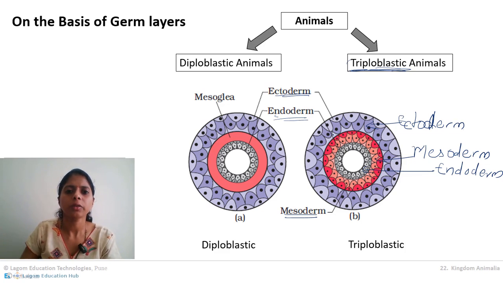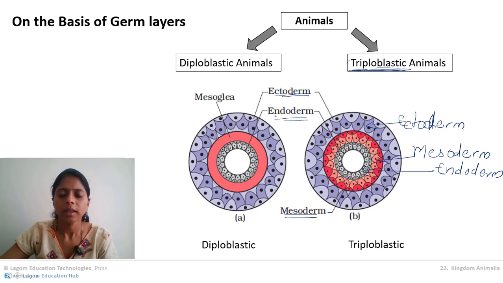Now let us shift to the diploblastic animals. When I consider diploblastic, here you can easily see ectoderm, here you can easily see endoderm, but you cannot see mesodermal cells. Instead of mesoderm, you can see a fluid-like substance, correct?